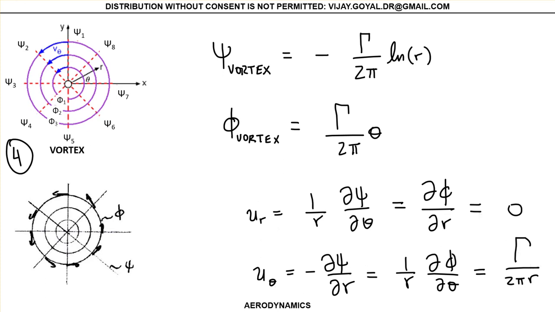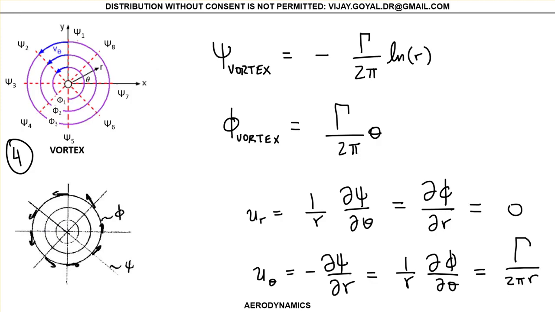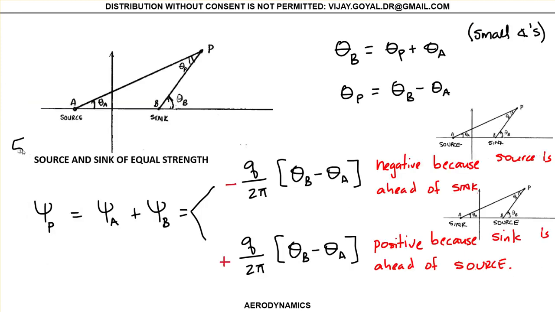Number 5. What if you have a source and a sink of equal strength? We only did this, if you remember, for small angles. You want to find the angle P, right? So the angle P will be B minus A, and this is how it's derived, just from a little bit of geometry.